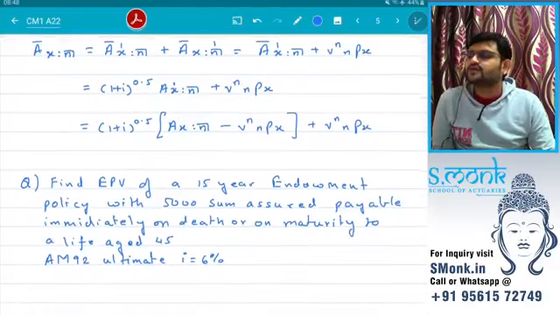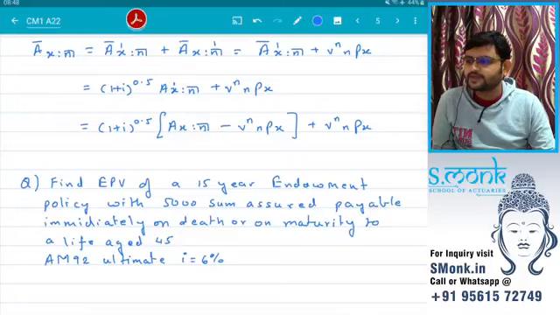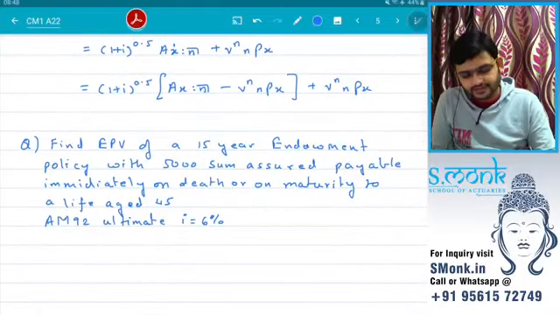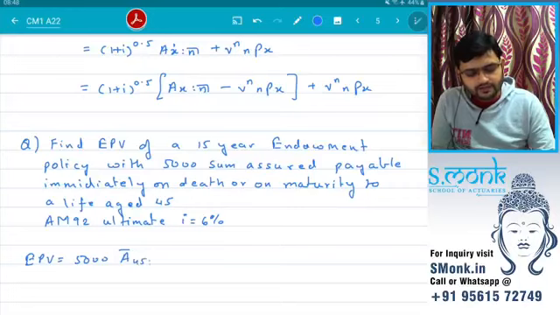Now we are talking about finding the expected present value of a 15-year endowment policy with 5,000 sum assured payable immediately on death or on maturity to a life aged 45. So you can see we have payment immediately on death. So our expected present value must be 5,000 A bar 45 15.